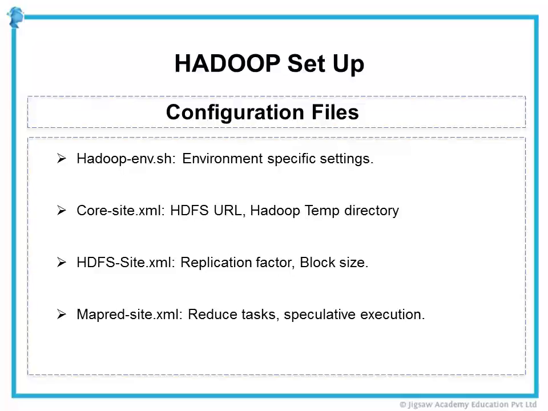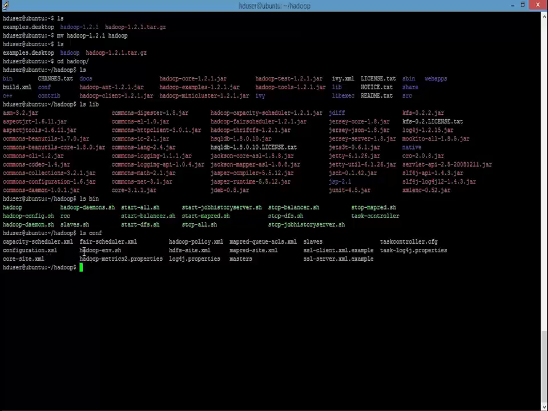So why don't we check? As you can see here, we have the hadoop-env.sh, the core-site.xml, hdfs-site.xml, and mapred-site.xml, which are our core files that need to be configured for setting up Hadoop in different modes.